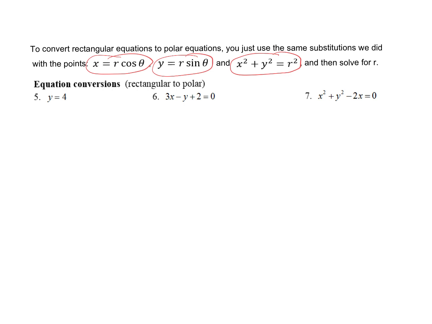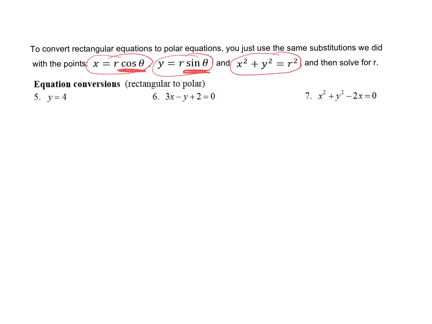You're not using the tangent of theta, because when you use these two formulas up here, you'll get theta in the equation. So you don't need tangent of theta equals y over x, just these three.